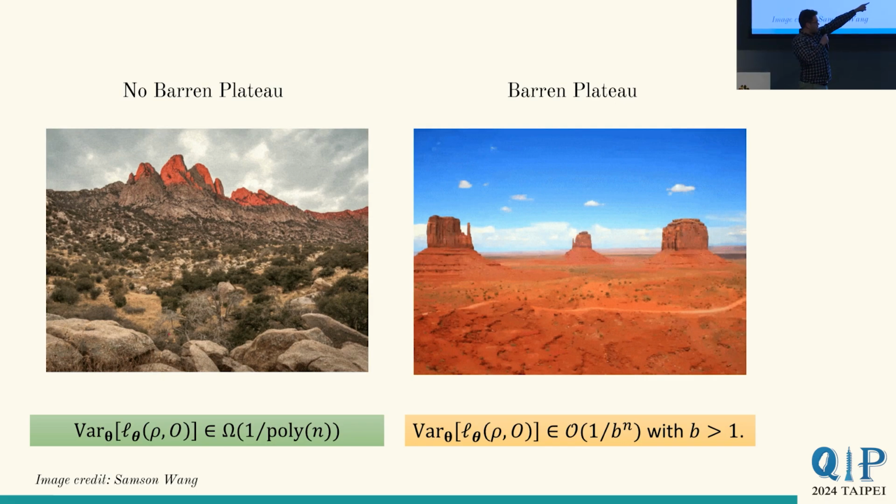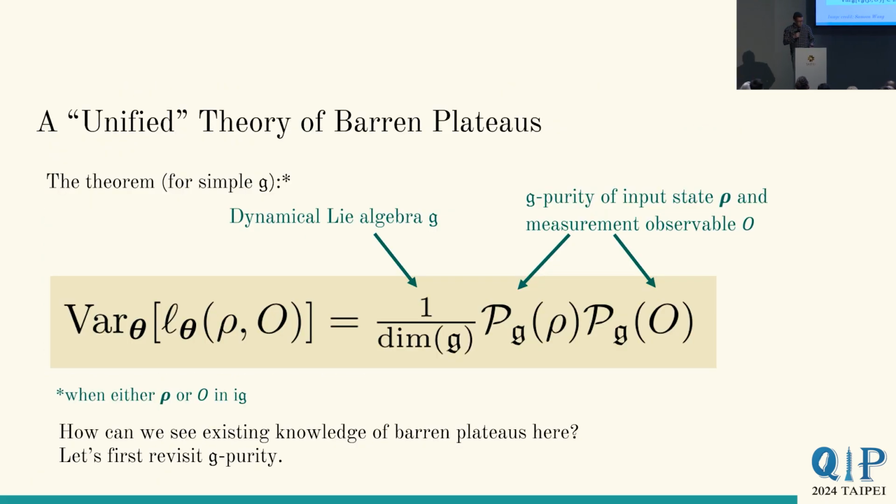If I'm in a barren plateau, I'm going to get lost. I have no idea where to go. I don't have enough local information. It's not wiggly enough for me to move. But if I don't have a barren plateau and I look around a little bit, even though I'm still looking at my feet, I'll at least get to the top of something. So that's a mental picture I like to have.